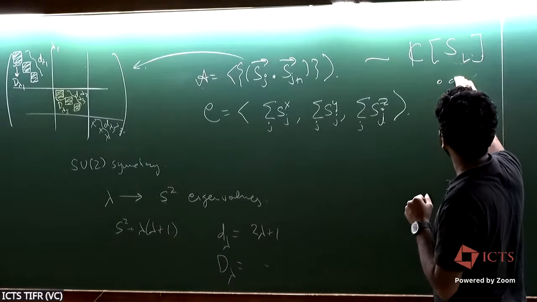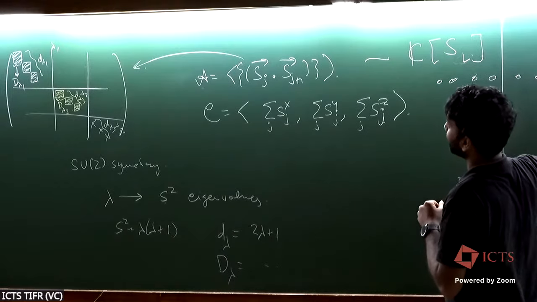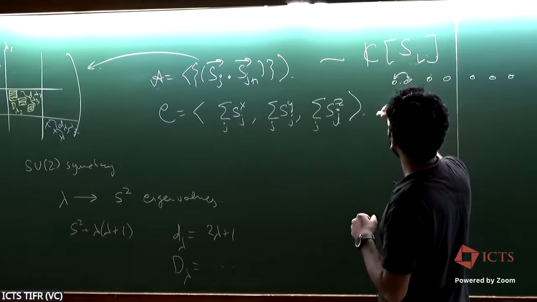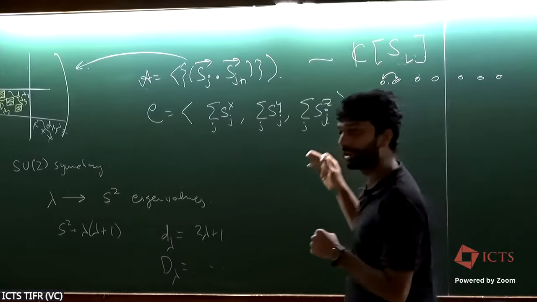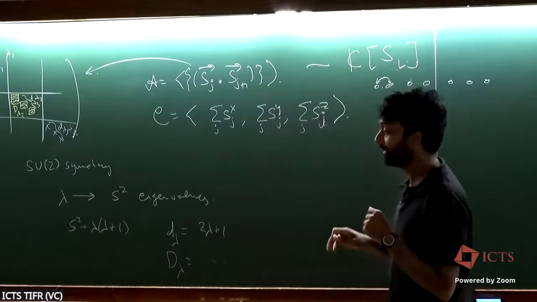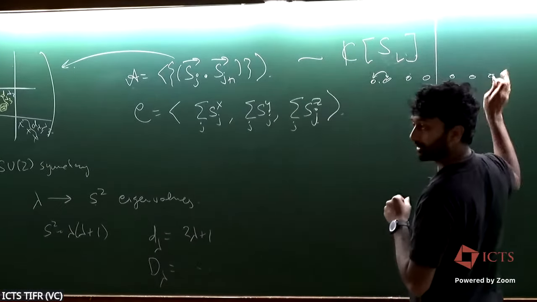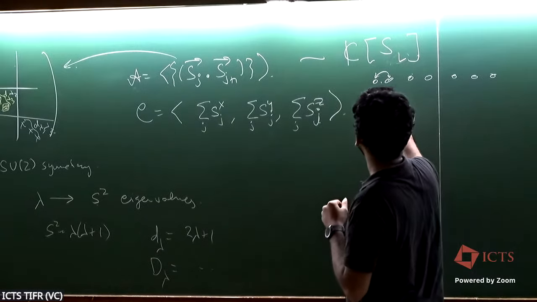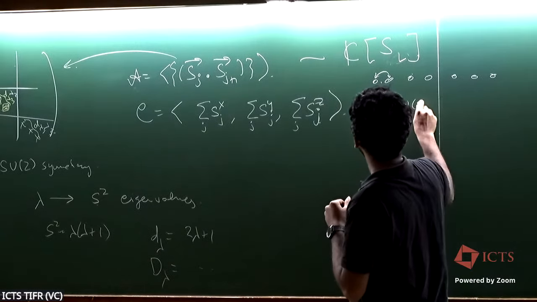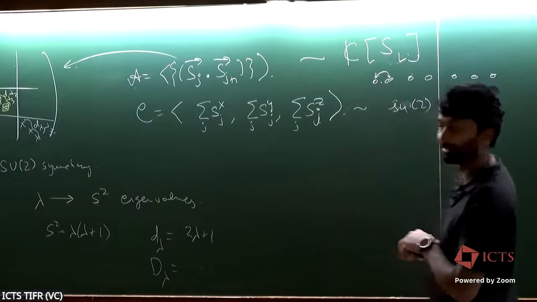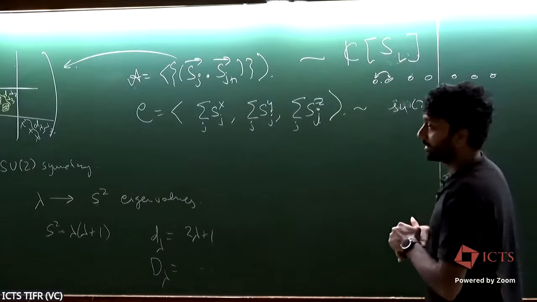If you stare at the S dot S operators, you will see that this S dot S operator is basically the permutation operator between sites J and J plus 1. So this is just the group algebra of the permutation group. And this is just the enveloping algebra of SU2, or you can very loosely think of it as the SU2 algebra, right?